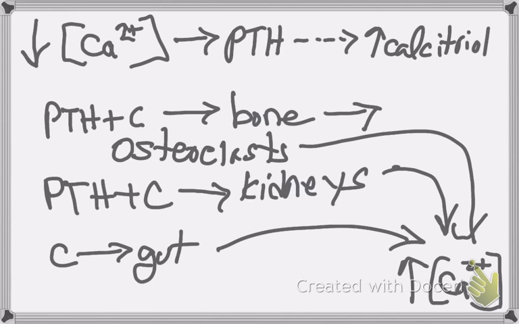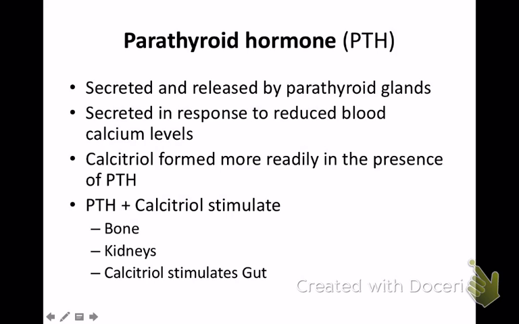So you increase absorption of calcium in the gut, the reabsorption of calcium in the kidneys, and the removal of calcium from your bones, all of that to boost blood calcium levels. Does everybody see how that all goes together? So that's a physiological mechanism that is hormonally regulated.